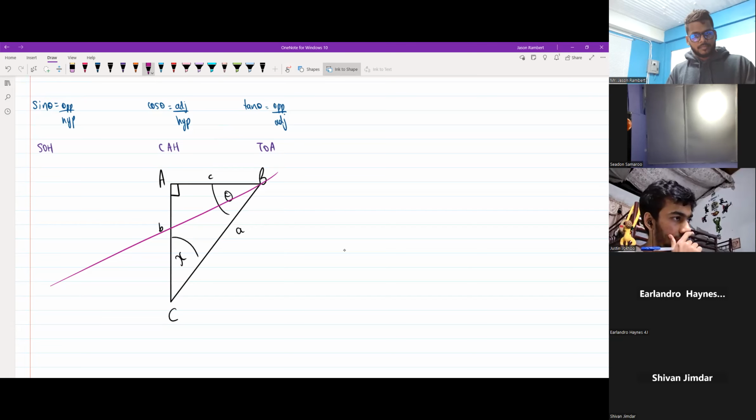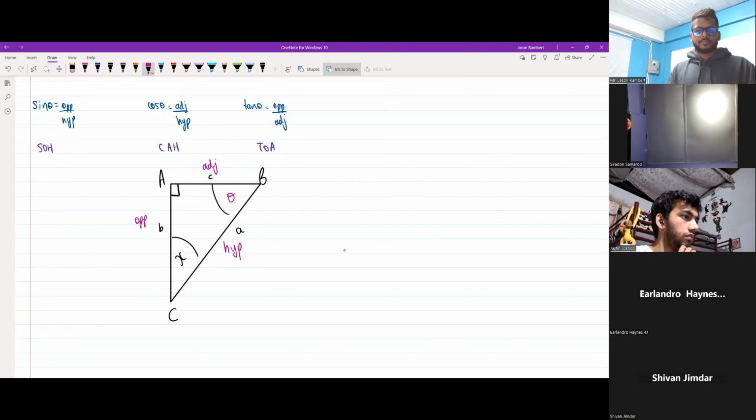So this side is opposite theta. This will always be my hypotenuse, and by the process of elimination, this has to be my adjacent. That is if I use theta.